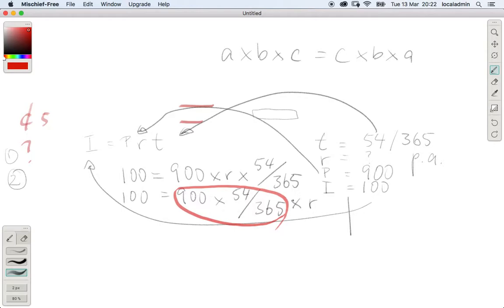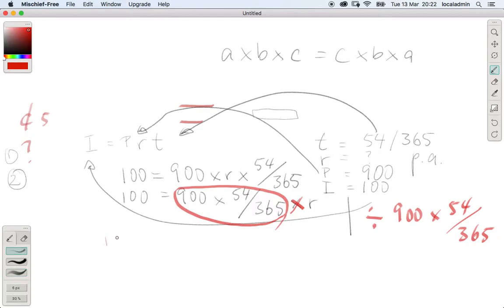So the operation that we are doing here is multiplication. So in algebra we do the opposite, which in our case is division. So we divide by 900 times 54 over 365.